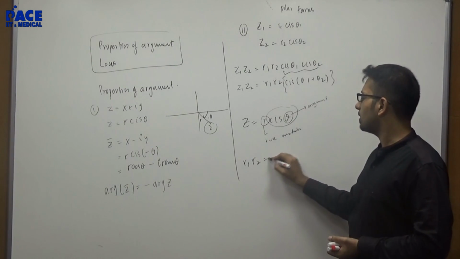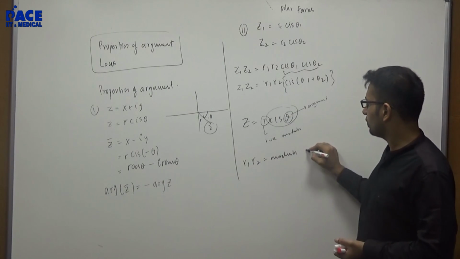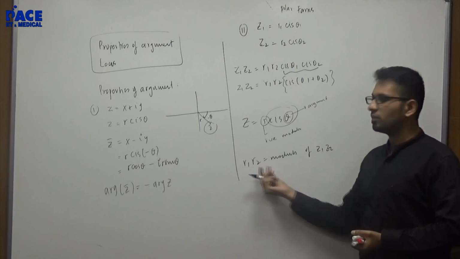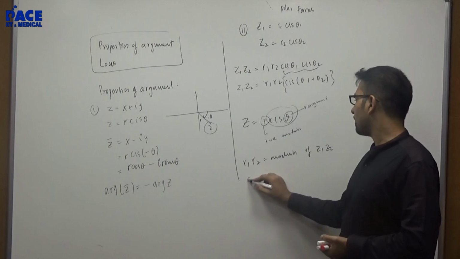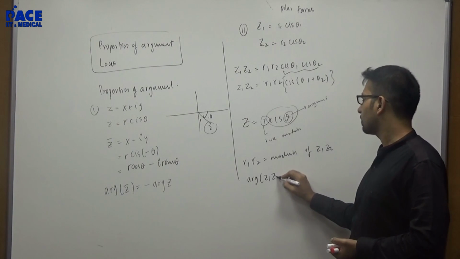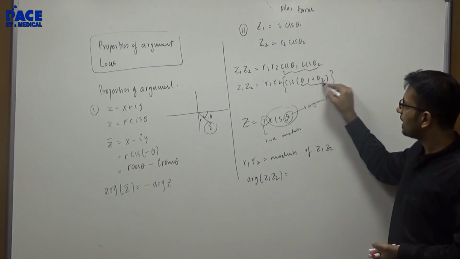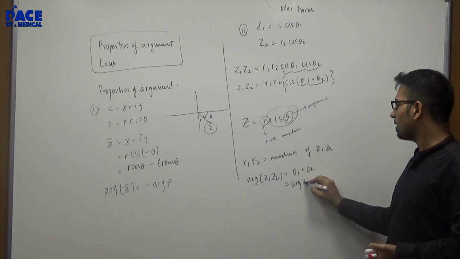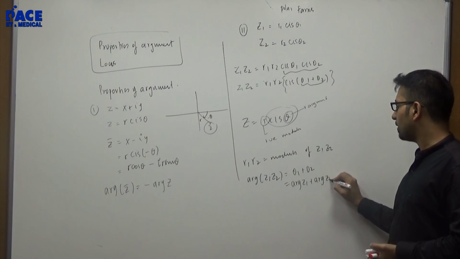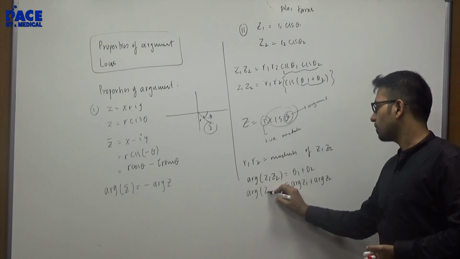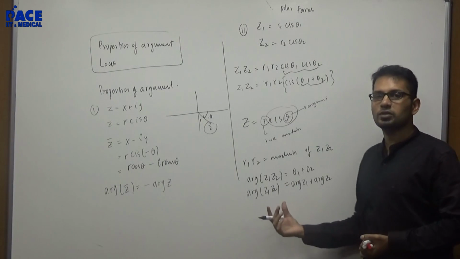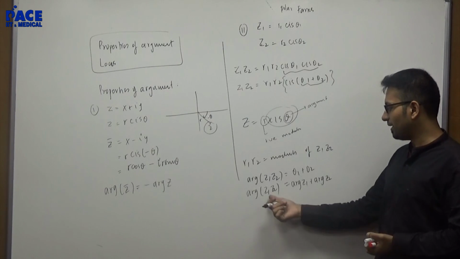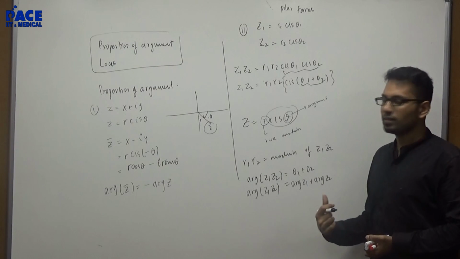So R1 into R2 is the modulus of Z1 into Z2, which you already knew, I think. Modulus of Z1, Z2 is product of the individual modulus. Most importantly, what is the argument of Z1, Z2? It's this angle over here, theta 1 plus theta 2. So this is theta 1 plus theta 2, which we can write as argument of Z1 plus argument of Z2. Okay? Is this behaving like some function, you know? Log. Yes, it's behaving like log.